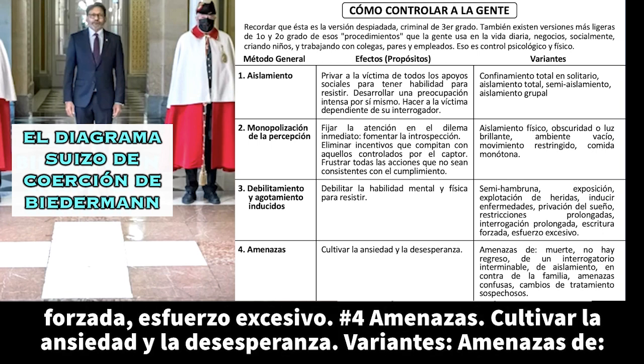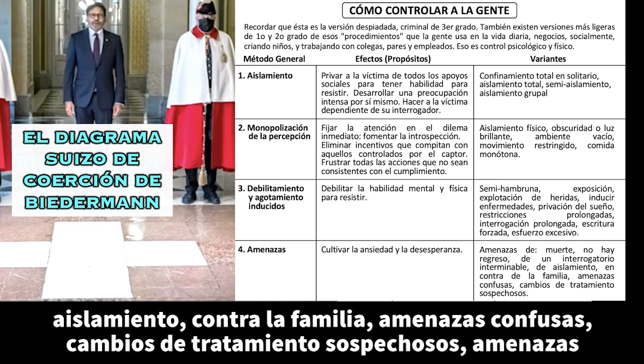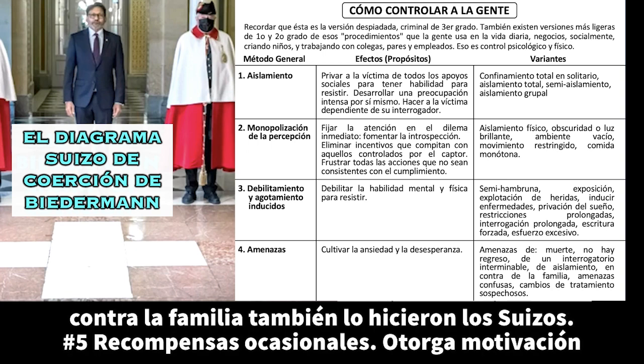Number 4, threats, cultivates anxiety and despair. Threats of death, well, Swissy did that with me. Non-return, endless interrogation, isolation against family, vague threats, mysterious changes of treatment. Well, threats against family, they did it as well.